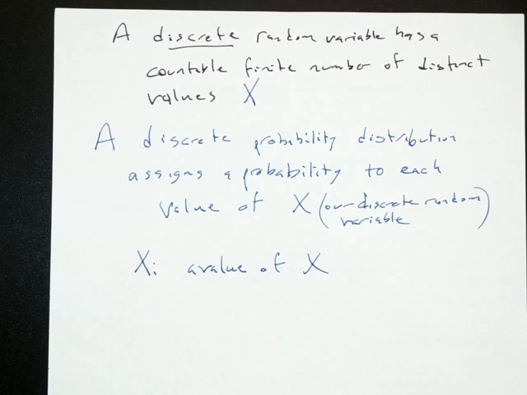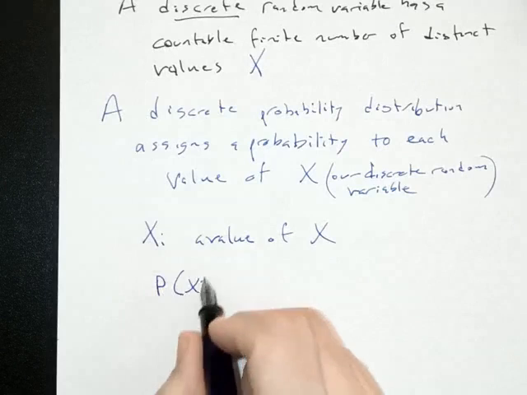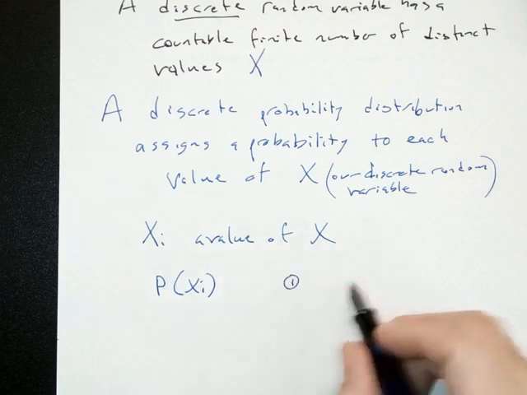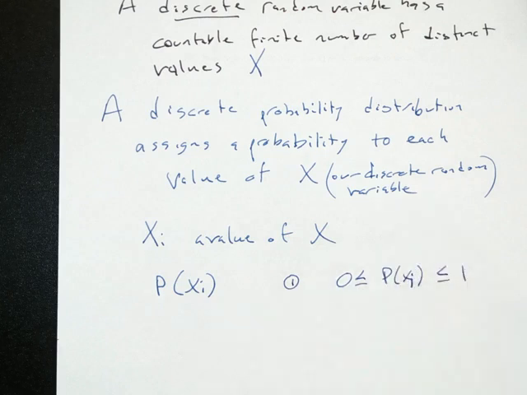Let's let xi be one of the possible values. Then I get a probability for xi. What do I know about that number? Guarantee you know 2 things about that number. You know that that number must be between 0 and 1.